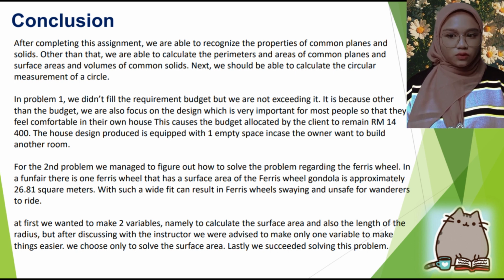At first, we wanted to make two variables, namely to calculate the surface area and also the length of the radius. But after discussing with the instructor, we were advised to make only one variable to make things easier. We chose only to solve the surface area. Lastly, we succeeded in solving this problem.